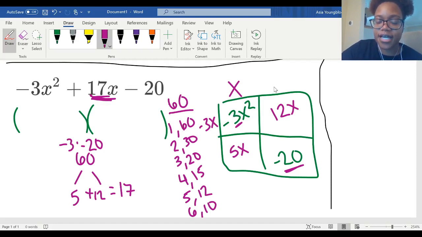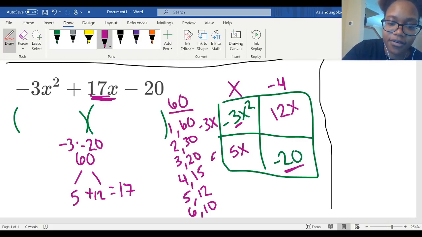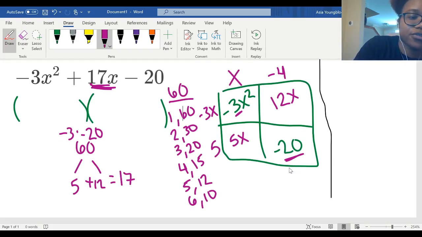Negative 3x times negative 4 would get us positive 12x. X times 5 will get us 5x, and 5 times negative 4 will get us negative 20. So our factors are going to be negative 3x plus 5 and x minus 4.